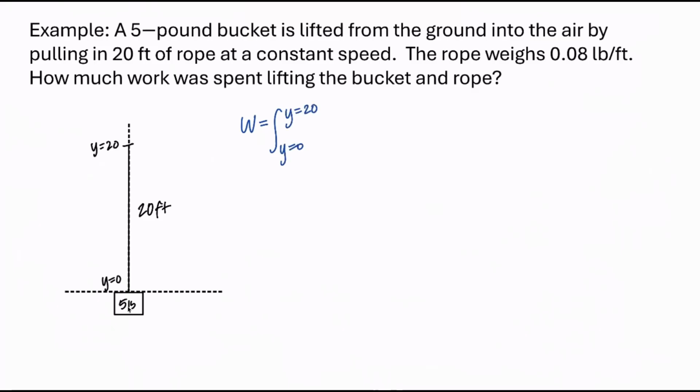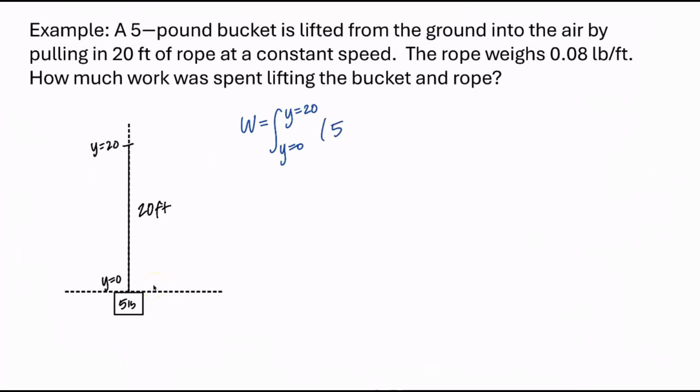And then I need that force function, which again, the force is going to be the weight, which varies as I lift this from the ground into the air. All right, so we have this 5-pound bucket that's just constantly there throughout the entire problem. So the force, the weight, is always going to include this 5 pounds.